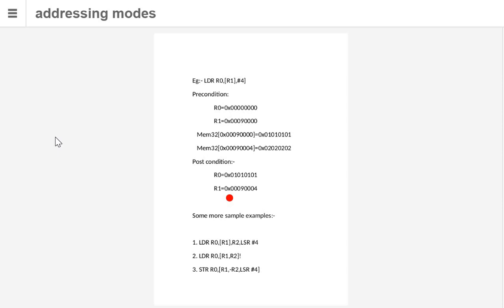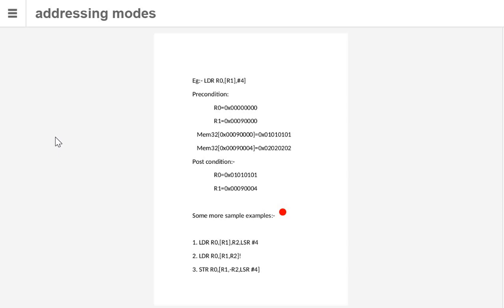In post-indexing, before modifying the base, you will pick up the content pointed to by the base register and then you will modify it. So in this example, you will just take the value from R1, store it into R0 and then modify the R1 value. The difference is very minor actually, between all three.